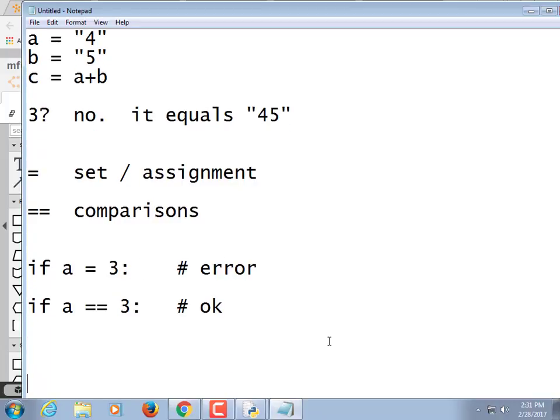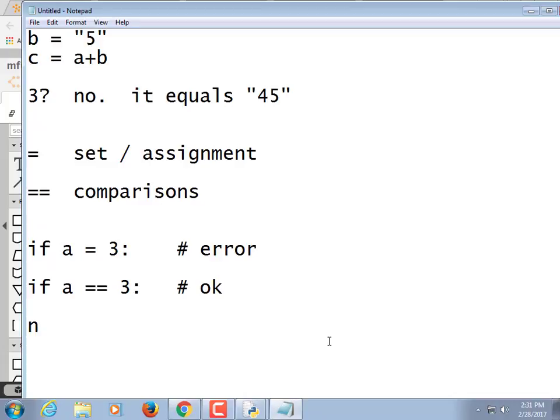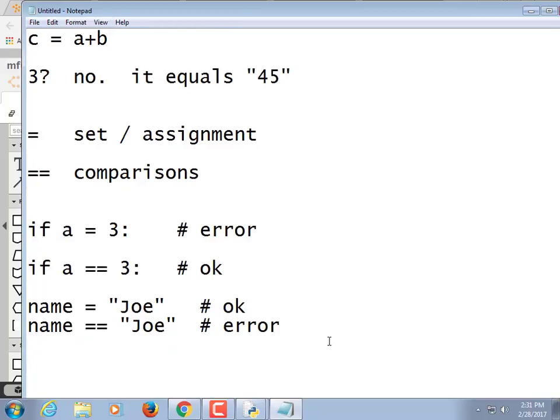If you want to assign the value, name is equal to Joe. Is that correct, or is name equal to Joe correct? The first one. So you can use double equal in if statements or while statements. Pretty much everywhere else you're going to use a single equal.